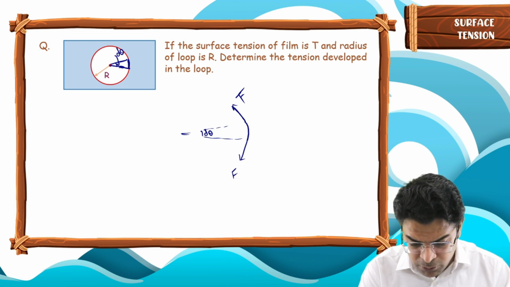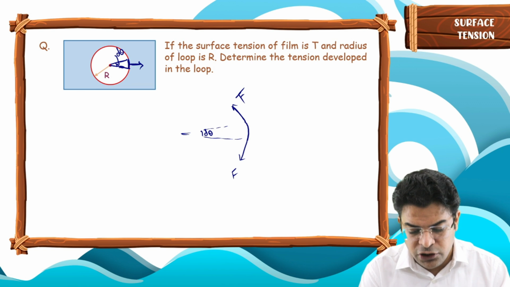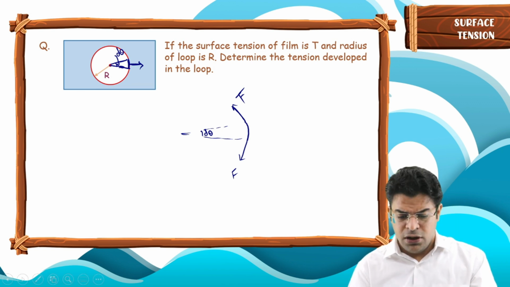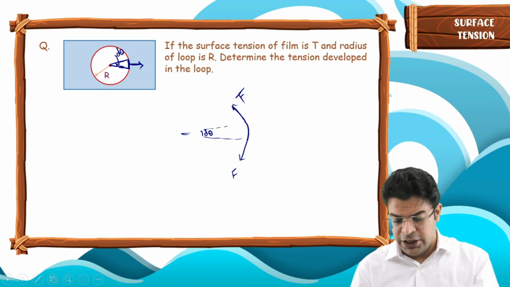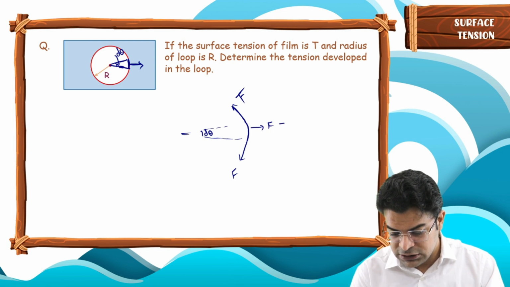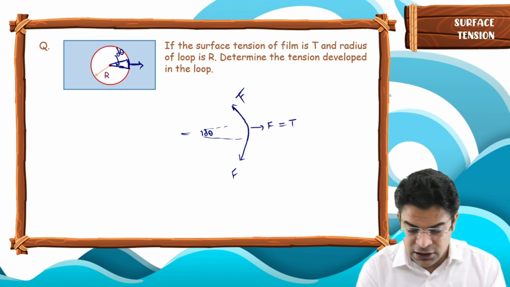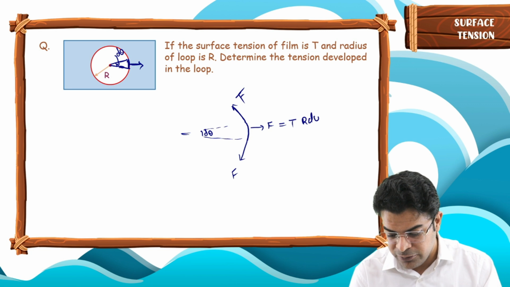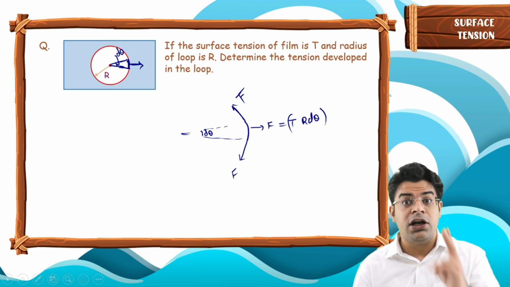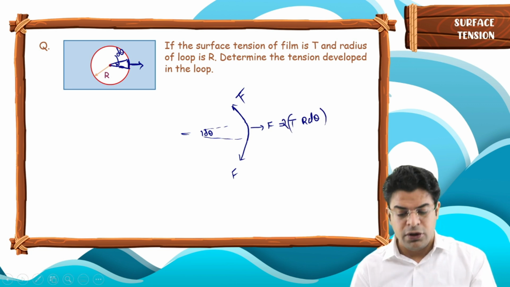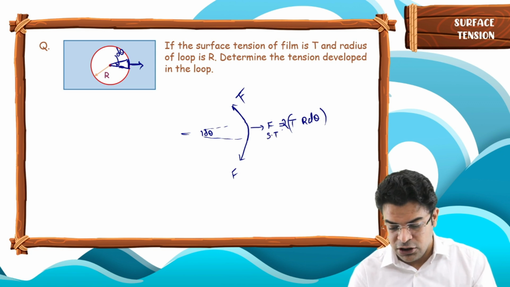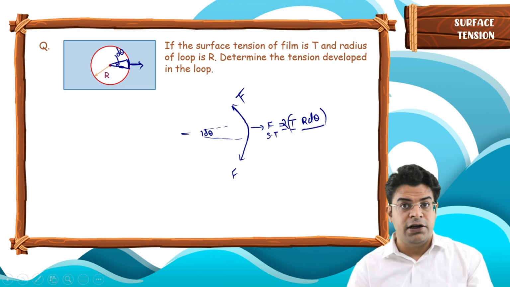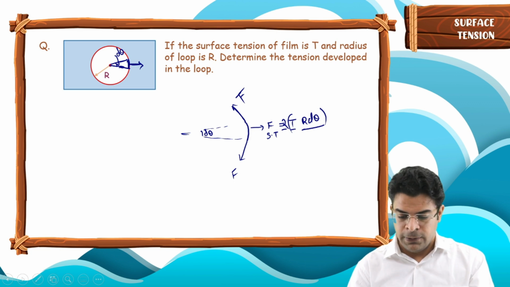On this small part, there will be a force of surface tension due to the surrounding film. Now, this force will be equal to the surface tension into length, and the length will be equal to r d theta. But this will be wrong as there are two surfaces. So this is the force of surface tension, 2 into T into r d theta. A film has got two surfaces.